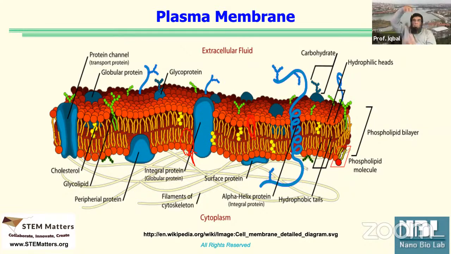It doesn't want to go up and down because the middle part, which is hydrophobic, does not like water. So hence they stay in place. They penetrate until the hydrophobic portion is not exposed to the outside of the cell or the inside of the cell, because they have lots of water there.